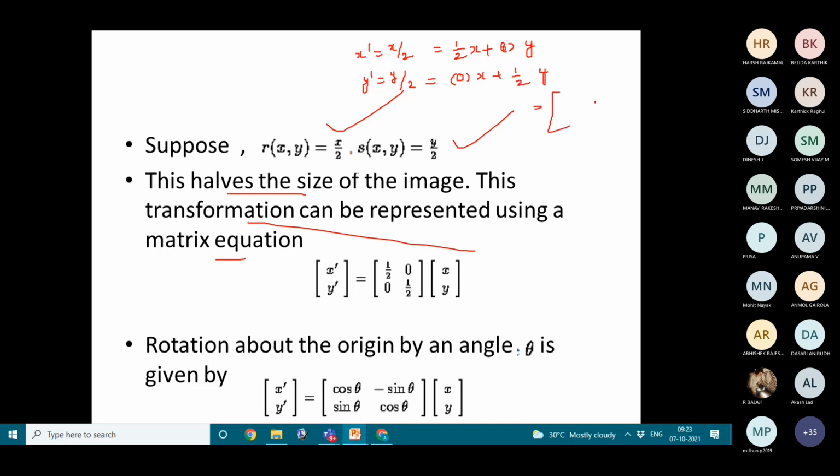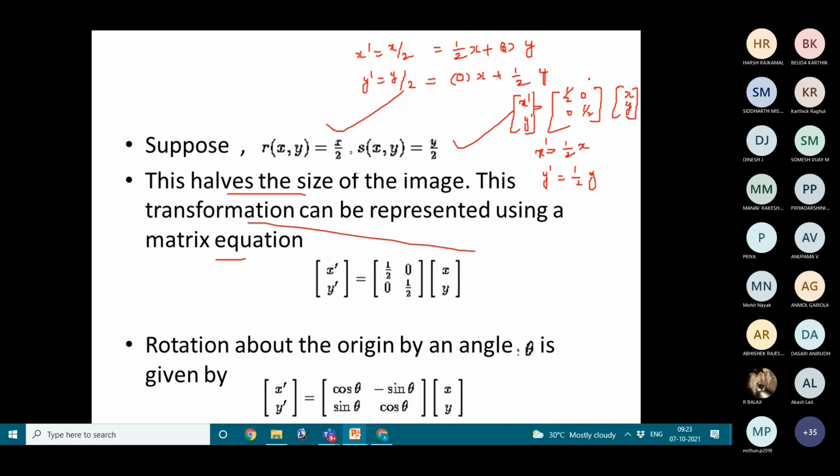Represented as a vector, it is [1/2 0; 0 1/2] times [x y]. If we solve it, x prime becomes x by 2 and y prime becomes y by 2. This is how we have the transformation.